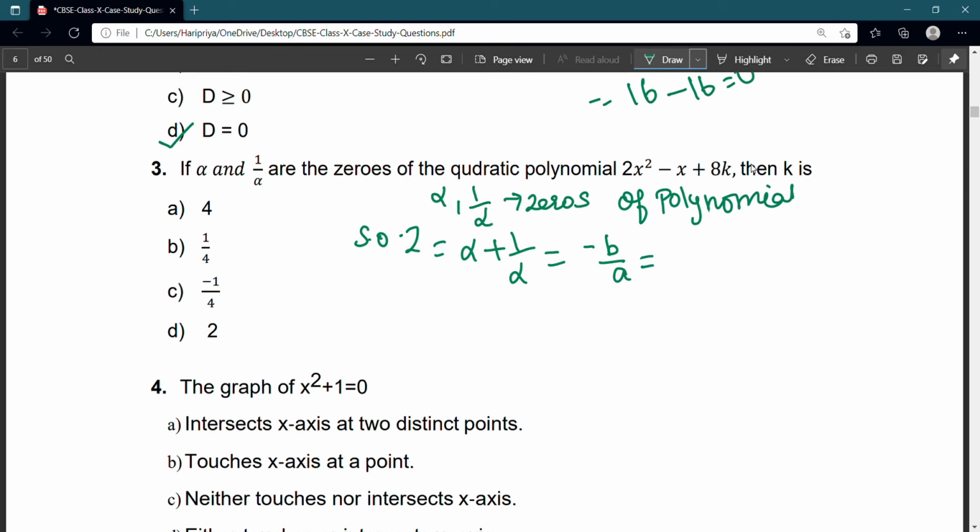So minus b by a is nothing but minus coefficient of x by coefficient of x square, so that is half.